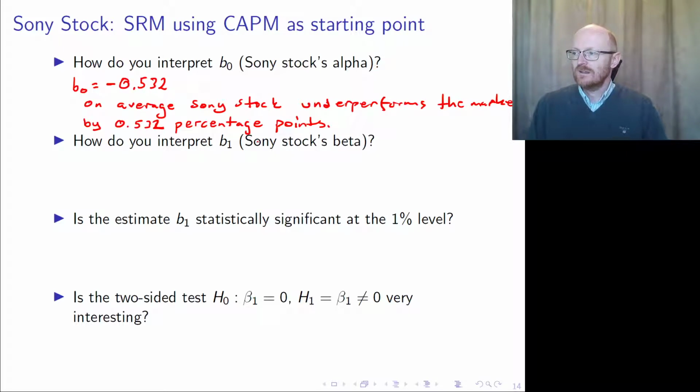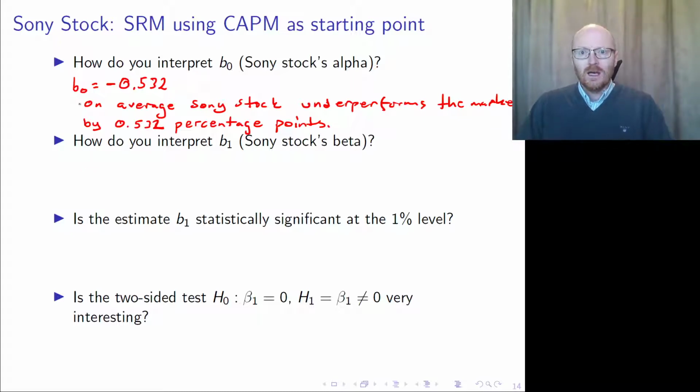Which means that every single month you expect the Sony stock to return half a percentage point less than the market itself. Okay, and if you go by this model.